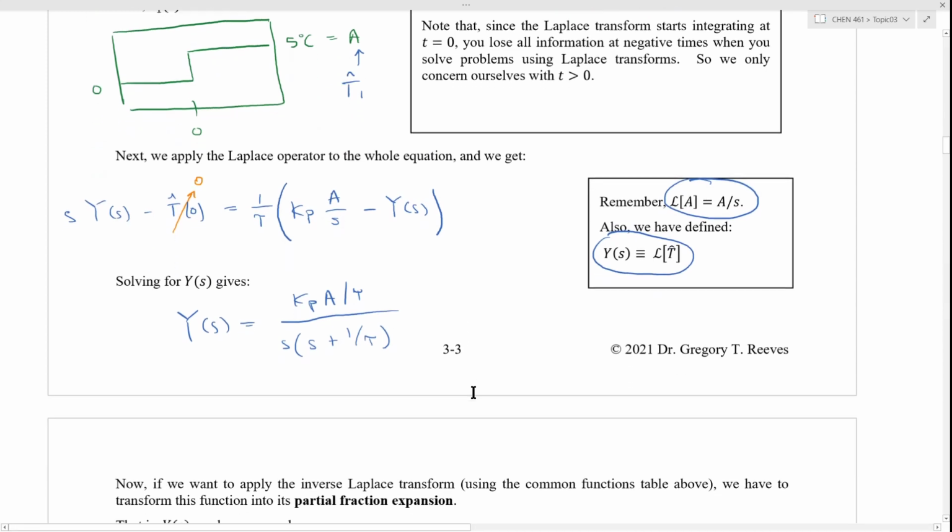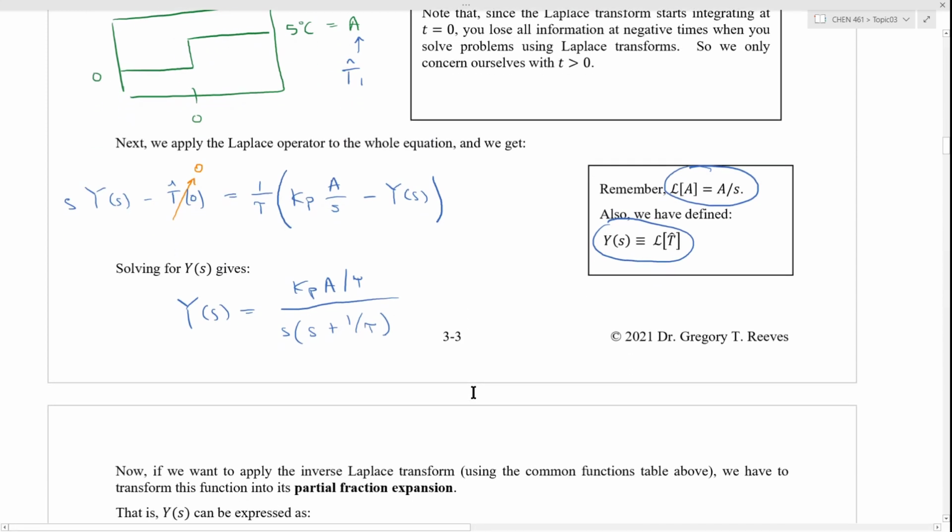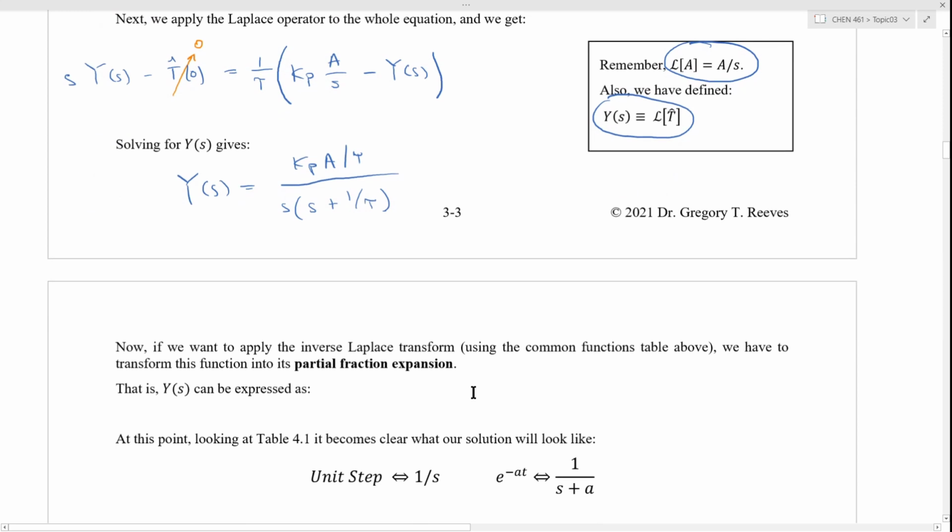Now that we have Y of s in this form, we want to convert it back into the time domain. We want to use this solution for Y of s to give us T hat as a function of t. To do that, we have to get it into a form that uses the common functions in the Laplace transform table.